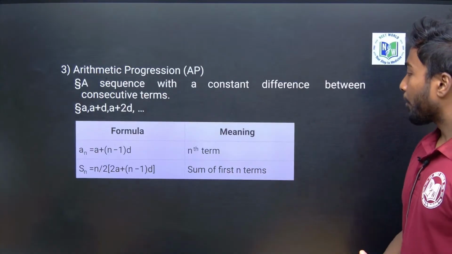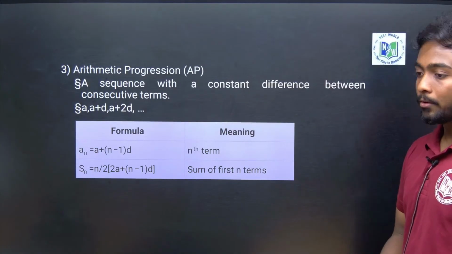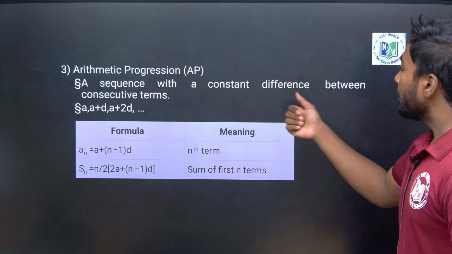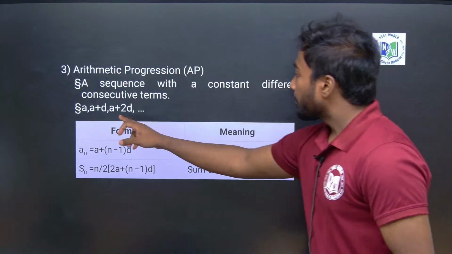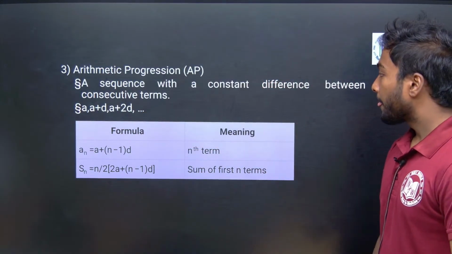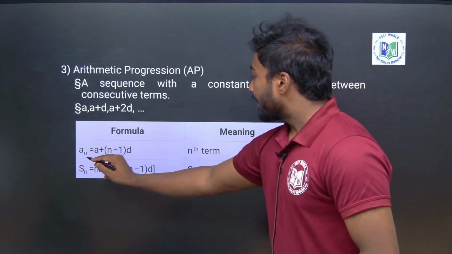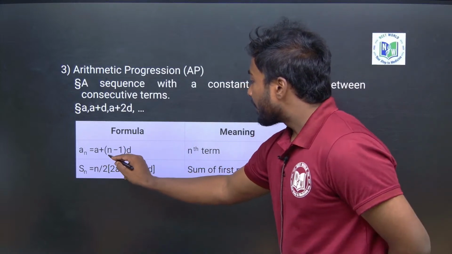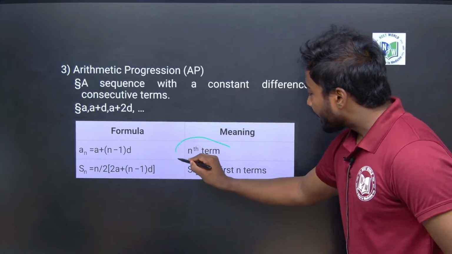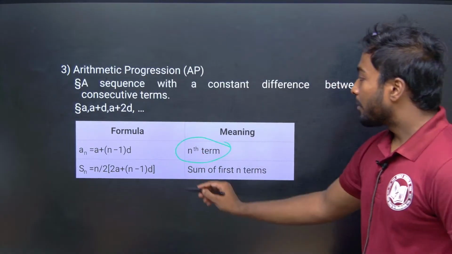So, arithmetic progression, next is AP. A sequence with a constant difference between consecutive terms: a, a plus d, a plus 2d, a plus 3d, etc. Formulas like an is equal to a plus n minus 1 into d. If I want to find the nth term, this formula is used.